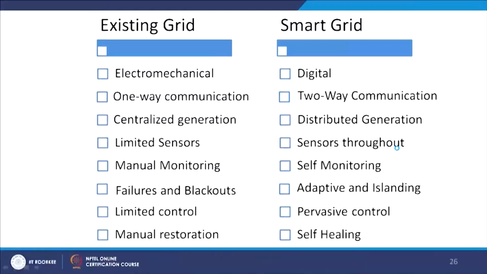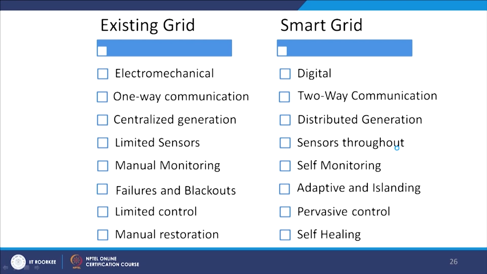The existing grid is completely electromechanical and partially digital, whereas the smart grid is expected to be completely digital. The existing grid has one-way communication and the smart grid will have two-way communication. The existing grid has centralized generation, the smart grid will have distributed generation. The existing grid has limited sensors and the smart grid will have sensors throughout.